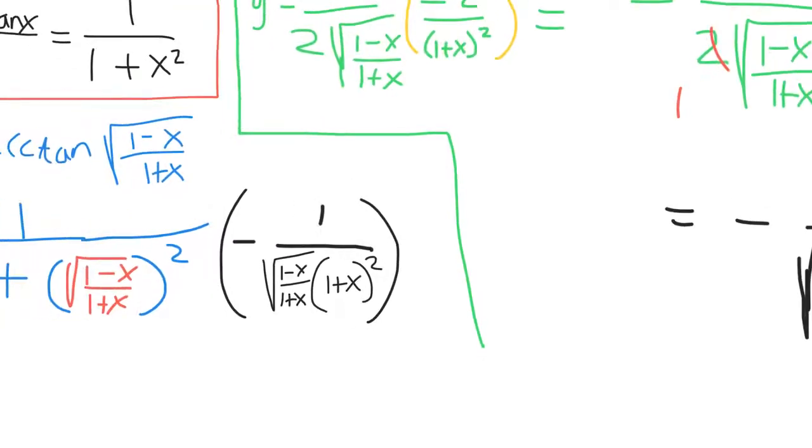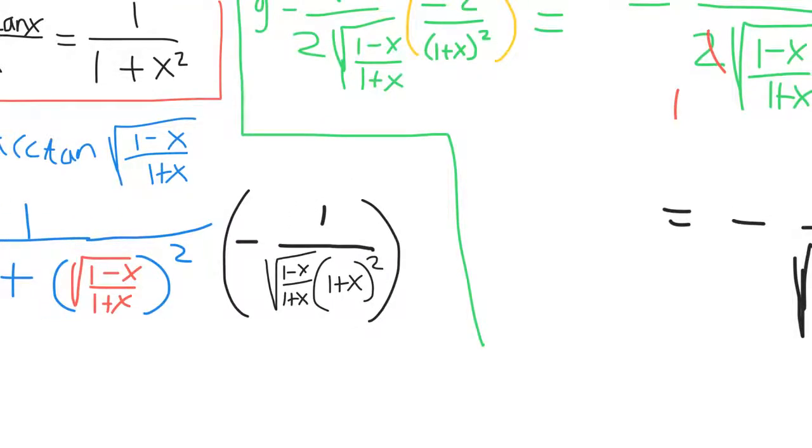Now, for the record, I want my student to recognize that if there wasn't a radical symbol here, there would be an opportunity to cancel the 1 plus x with this 1 plus x. But the radical symbol, in a sense, prevents us from messing with this 1 plus x. So just keep that in mind.